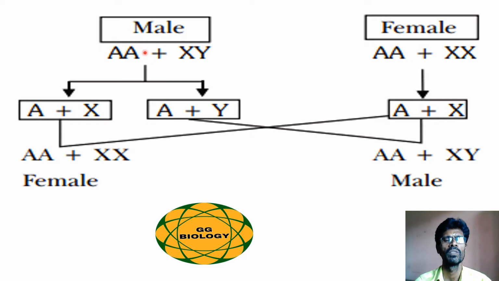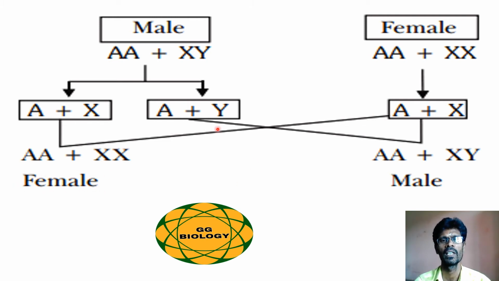Here the male consists of autosomes and the allosomes X and Y, whereas the female consists of autosomes and the allosomes X and X. The males produce two types of sperms, namely A plus X and A plus Y, whereas the females produce eggs of one type, namely A plus X. If the first type of sperm, A plus X, fertilizes the egg A plus X, it gives rise to autosomes plus X and X chromosomes, one from the father and one from the mother, so the offspring will be female.